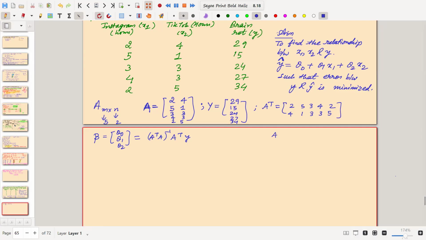So can we compute A transpose A? What is A transpose A? A transpose A is nothing but the multiplication of these matrices. So this is 2 rows and 5 columns, and this is 5 rows and 2 columns.